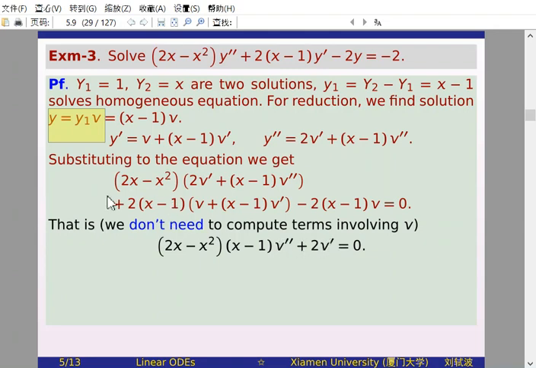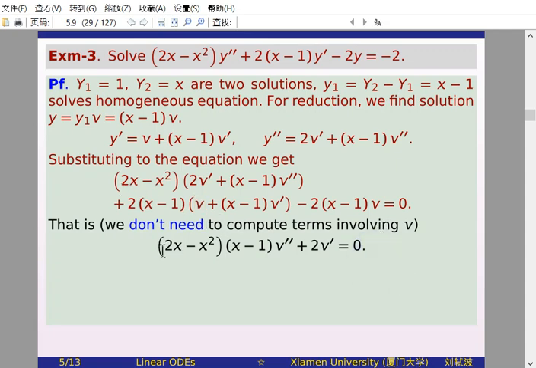So to speed up our computation, when you organize the left hand side of this equality, you don't need to consider the term involving v. So this term involving v, and 2x minus 1 multiplied by this v, we don't need to compute. Actually they are already 0, as you can see immediately. In some situations the explanation may be very complicated, but you never need to compute the coefficient of v. So this is the trick.